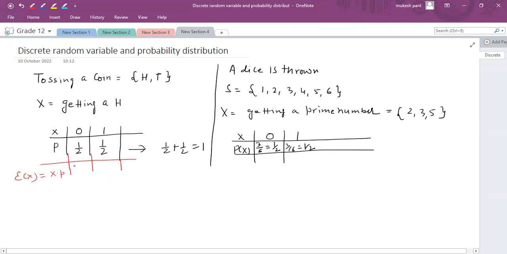That is 0 times 1 over 2 plus 1 times 1 over 2, which is 0.5. So the expected value of this distribution is 0.5. Similarly, to find the expected value in the second random experiment, you do the same thing.